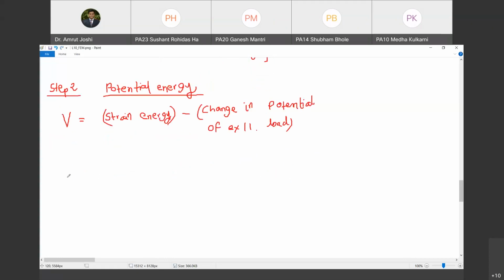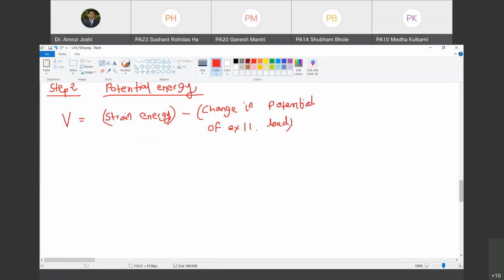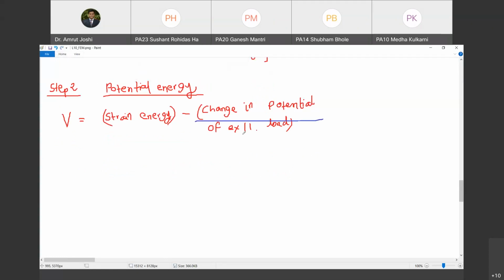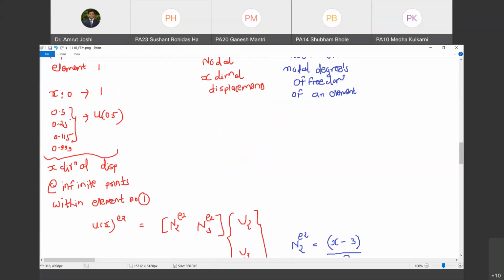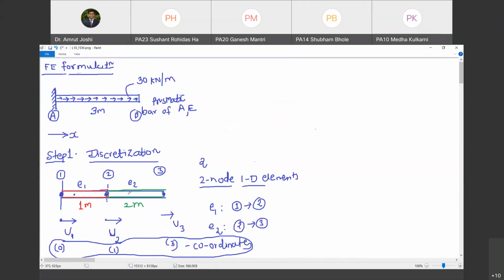Now we are going to write down the second term first. So let us first take up this term, change in potential due to external load. Let us look at where the external load is prevalent. External load is prevalent on the first element as well as on the second element. You can see that this 30 kilonewton per meter is the external load which is prevalent everywhere on the bar.